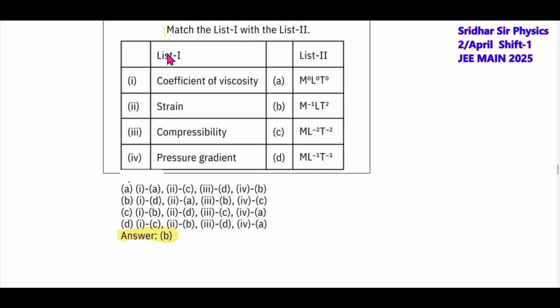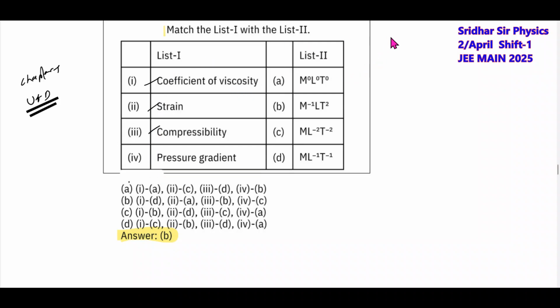Let's start with match the list 1 with the list 2. It is asking here coefficient of viscosity, strain, compressibility, pressure gradient, and list 2 is given. So this topic is based on units and dimensions, and it is asking about viscosity, elasticity, compressibility, and the pressure gradient.